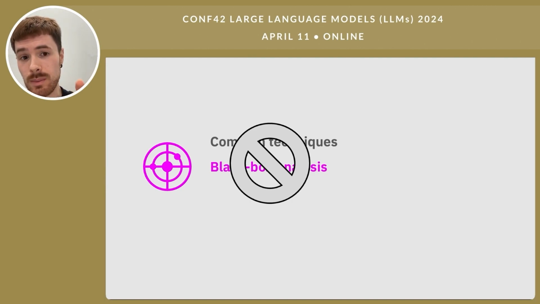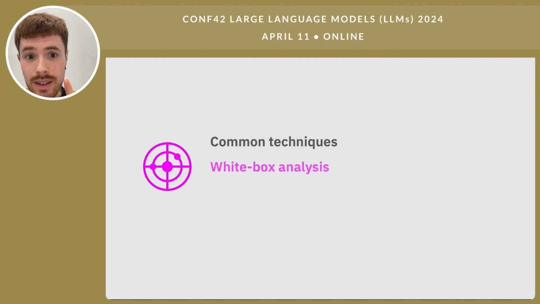We're not going to really speak about black box analysis, because this type of analysis is not very effective today. It's kind of outdated, not the best tool we could use right now for detecting generated text. So let me skip over this part to speak about white box analysis.